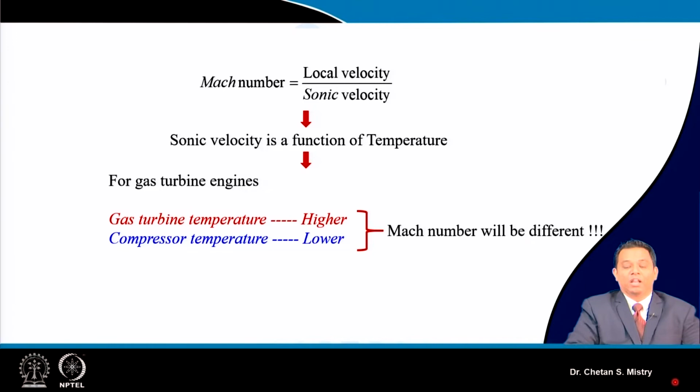Now, for the Mach number, velocity divided by root gamma RT, for the turbine, since the temperature is higher, the Mach number will be lower. For the compressor, at the entry we will have low temperature, so the Mach number is higher. That means the flow is transonic or supersonic. For the turbine, the flow is subsonic.